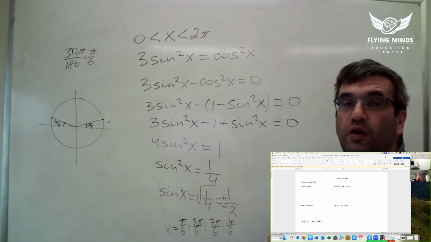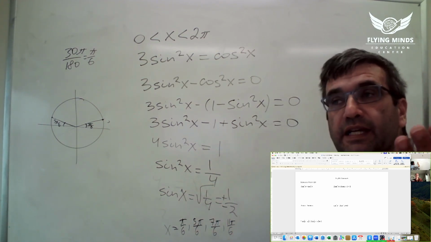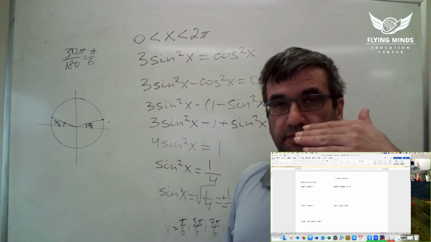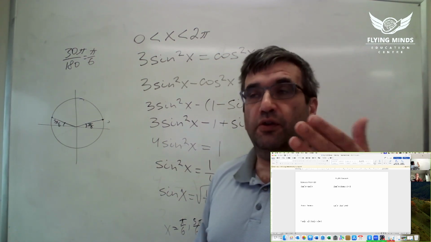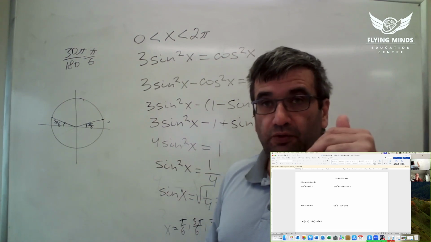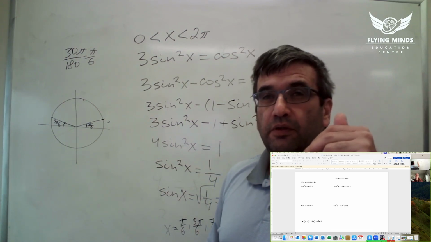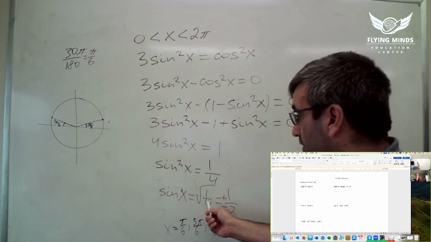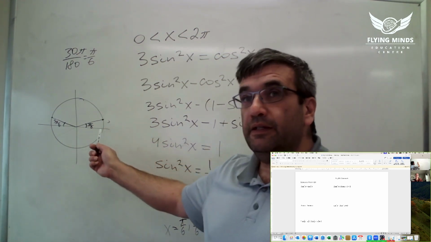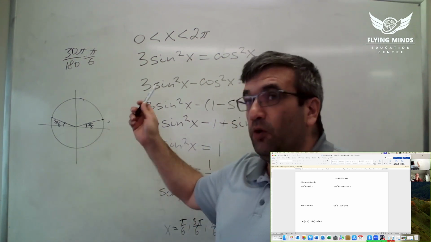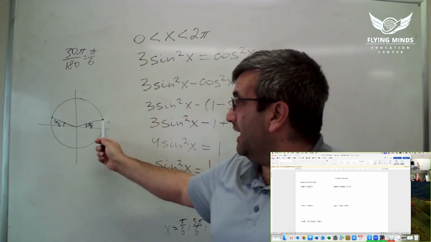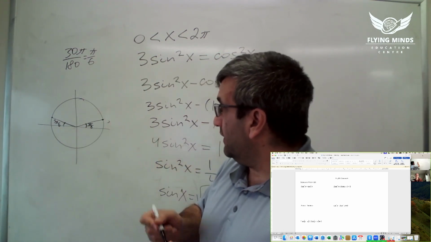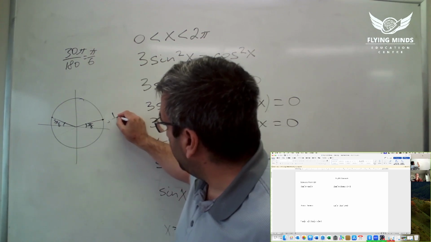I just don't understand the plus minus part. Yeah, because a square root of any number gives us 2 answers, right? Positive and negative. So let's say the square root of 4, it's plus minus 2. But then why do we have 4 answers? Are they all plus 1/2? No. Sine is positive in the first and second quadrant, right? So this is half here.